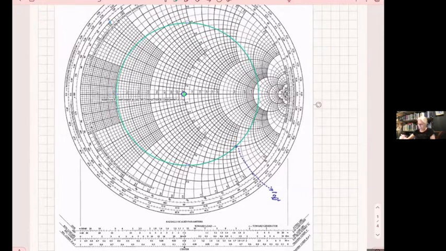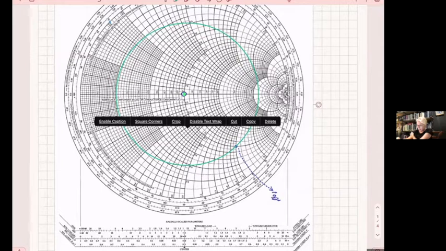Okay, that is the green one, the circle of my transmission line. Then I know exactly what it is if I know the load.